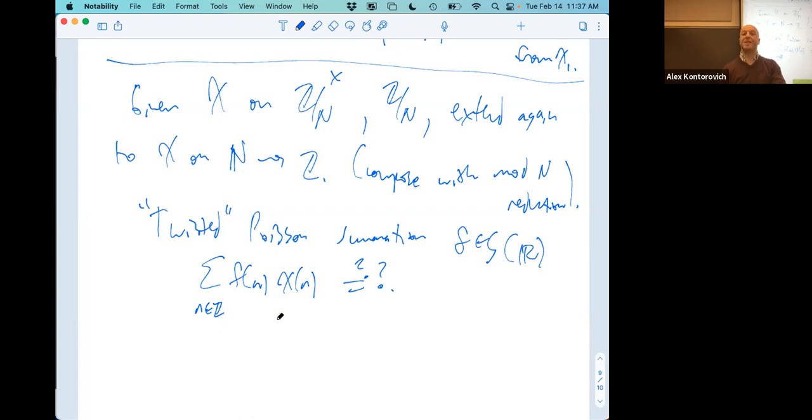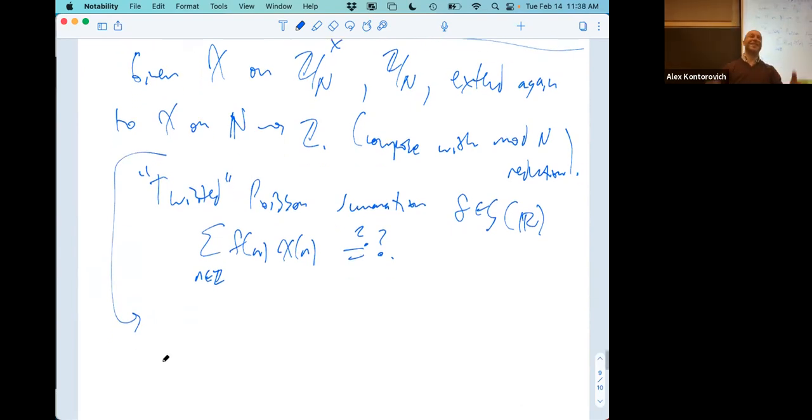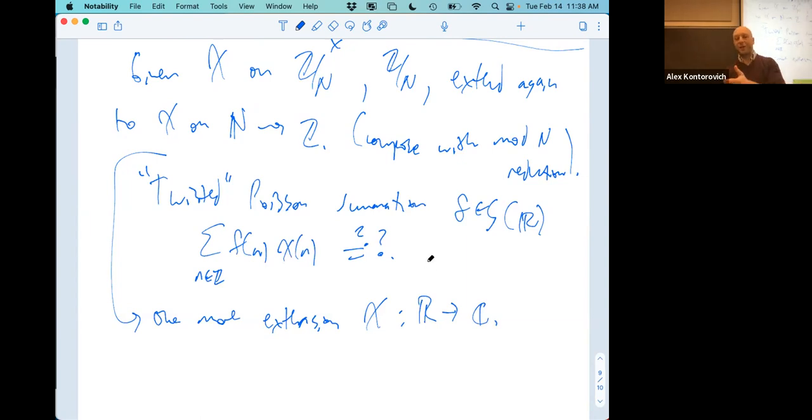One way of proving it is to give one last extension, to chi being a real valued function. And once chi is a real valued function, then chi times f is just a regular function. We could take its Fourier transform and see what's on the other side.